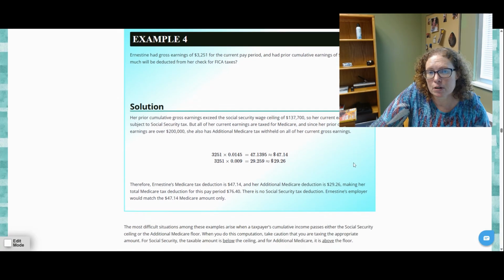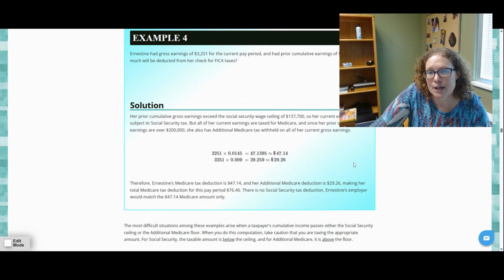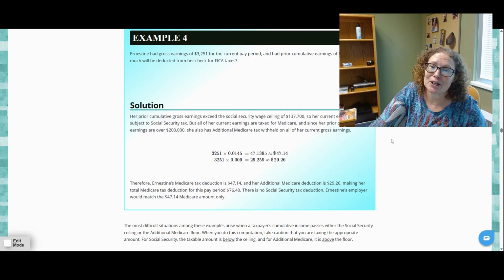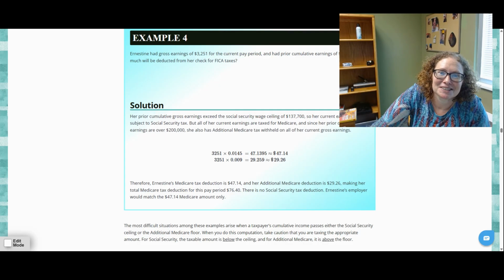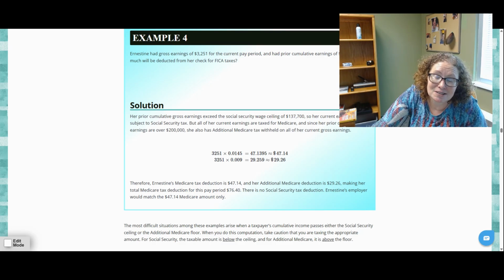Example 4, she has gross earnings of $32.51 and had prior cumulative of $212,655. All right. So we know it's above the $137,700. Her current earnings aren't subject to Social Security, remember, because she's paid all of it into Social Security that she needs to.